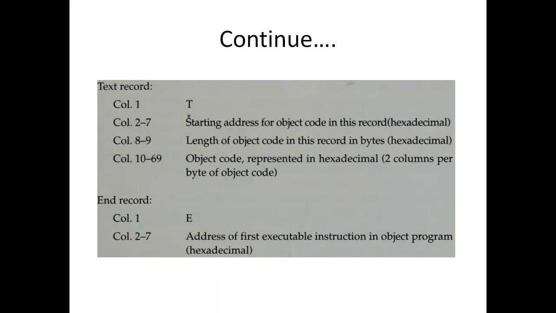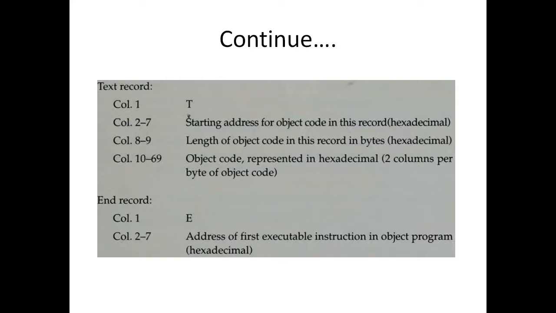Right. Next, the text record. The text record's first column contains T. The T symbol signifies a text record. Next, columns 2 to 7 contain the starting address of the object code in the record. Columns 8 to 9 contain the length of the object code in this record in bytes.